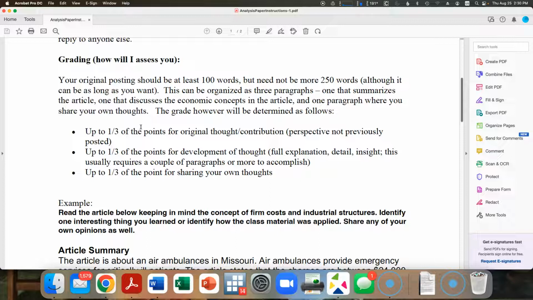And then the third paragraph should actually be the most fun, but I have found that students sometimes find this to be quite difficult, or just don't do very much with it. It should actually be the easiest, because what you're doing here is just sharing your own thoughts. You could say, I don't understand what's going on in this article. You could say, I disagree with what the author is saying.